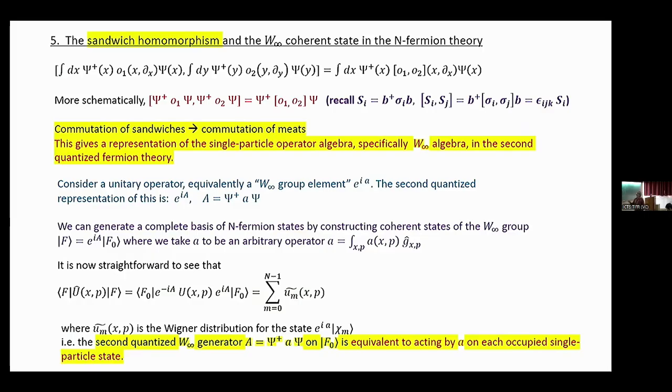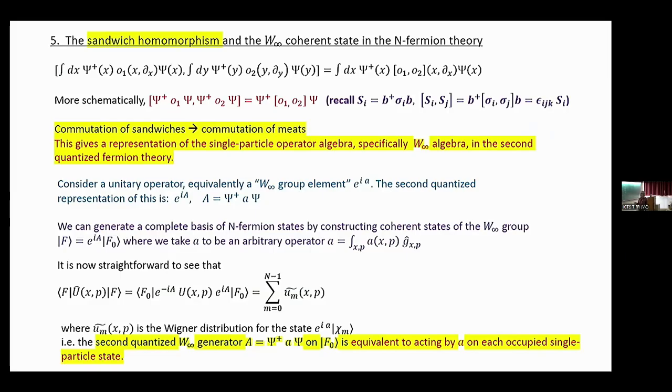So this particular relation I call commutation of sandwiches is the same as commutation of meats. So here you commute the meats. This gives a representation of the single particle operator algebra, specifically the W infinity algebra, in the second quantized fermion theory. So if you have an operator algebra in the single particle theory, this generalizes that to the second quantized fermion theory.